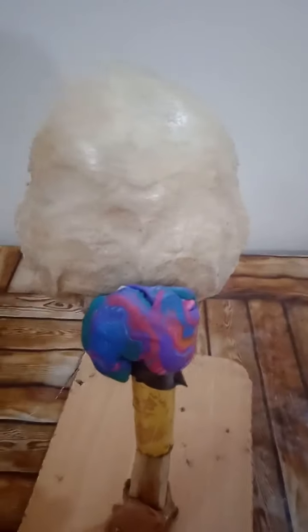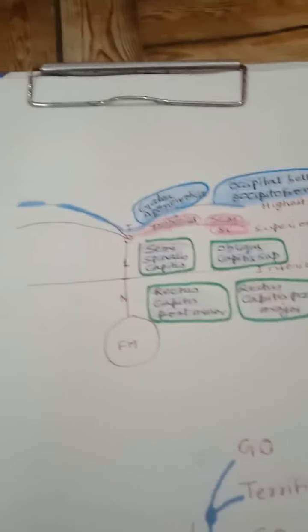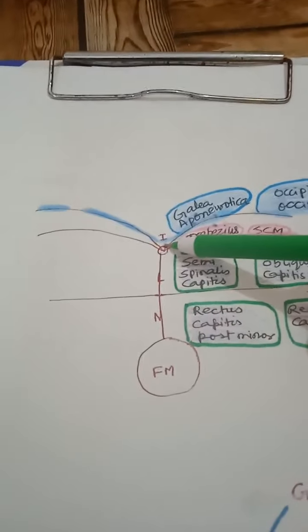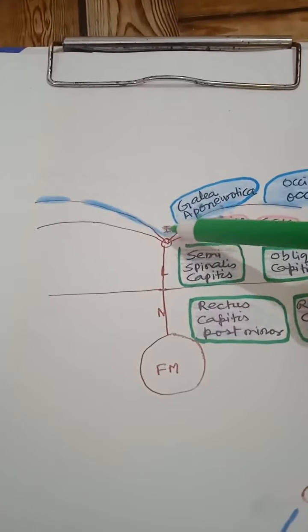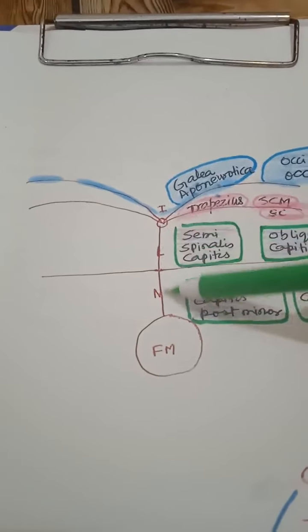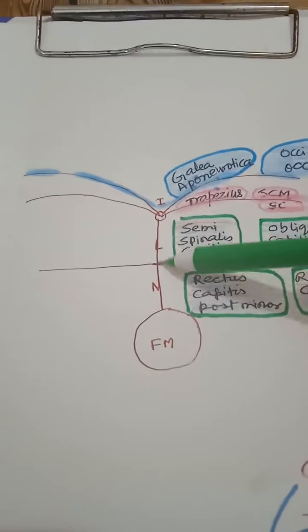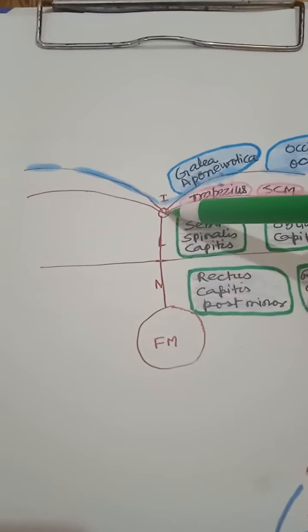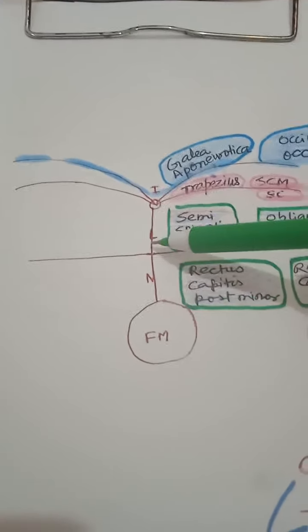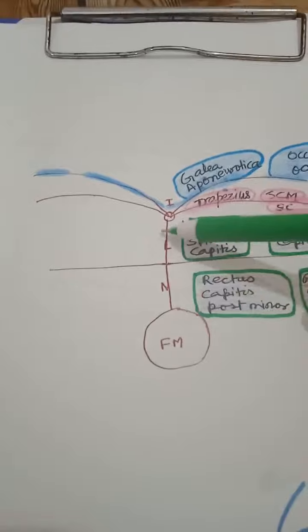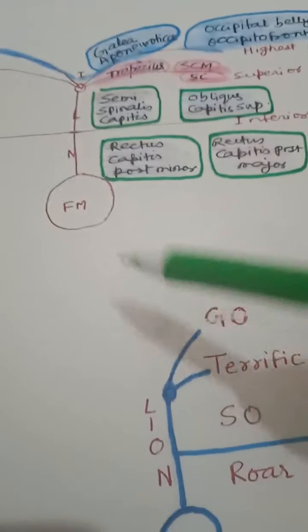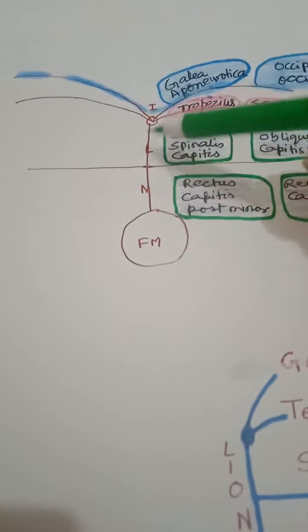Now coming to the attachments there. We can memorize by a mnemonic. Suppose this is the inion, I for inion, this is the foramen magnum, and this is the external occipital crest. Suppose this bone is a lion, and the foramen magnum is the mouth, and the lion at the center is the ligamentum nuchae.